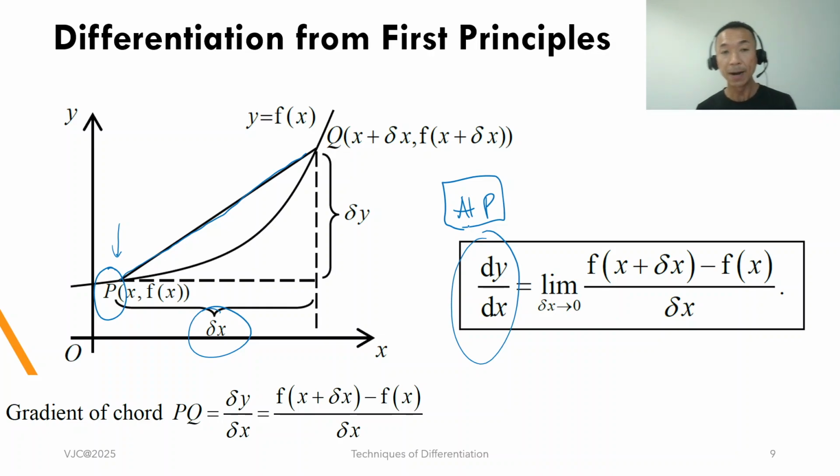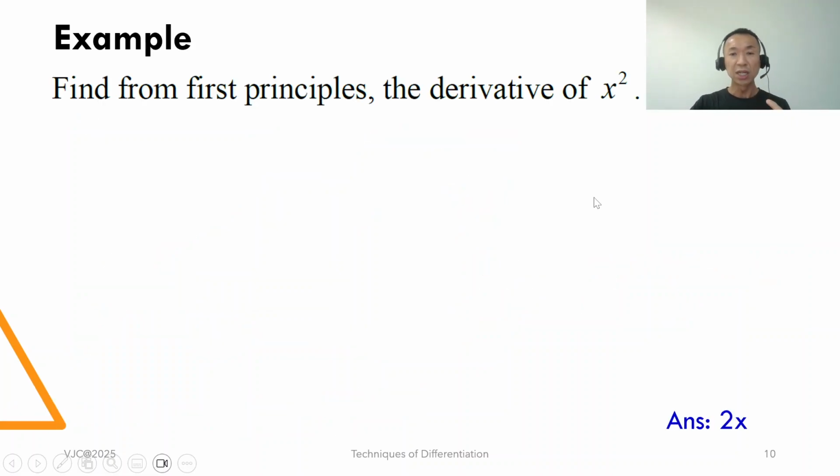Shall we take a look at one example? These principles actually help us explain a lot of the formulas we learned in secondary school. I mean, everybody knows the derivative of x squared is 2x.